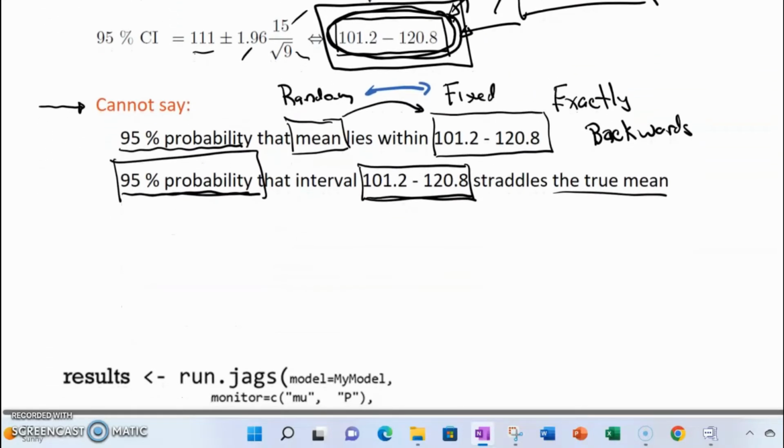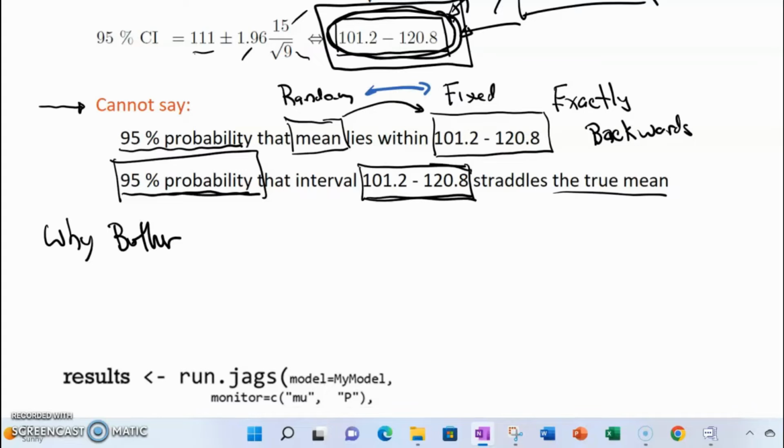So, given what we can't say, why bother? Well, what we can say when we've gotten this interval is that one of two things has happened.